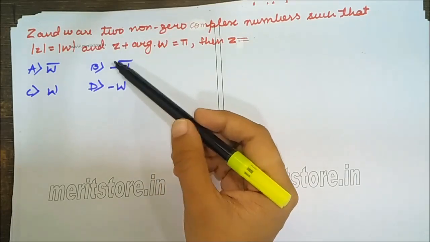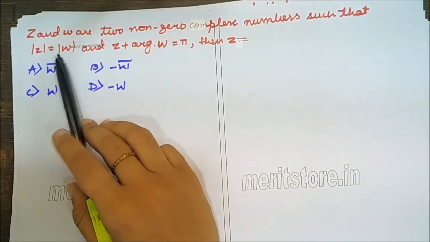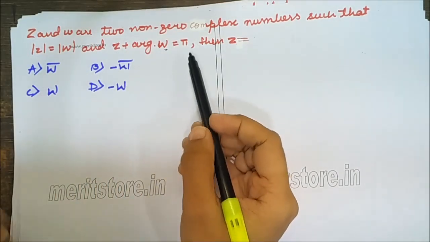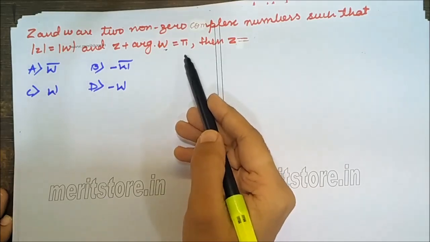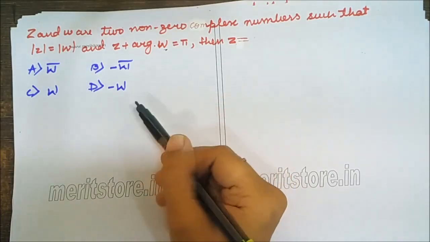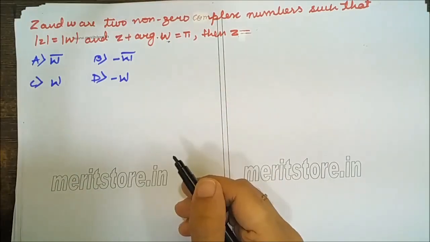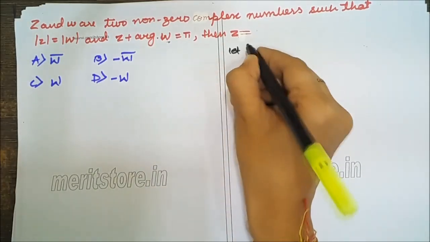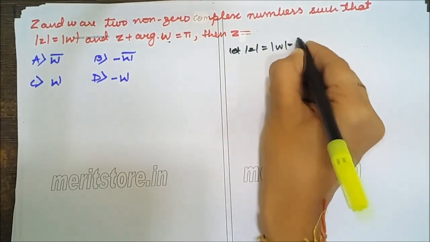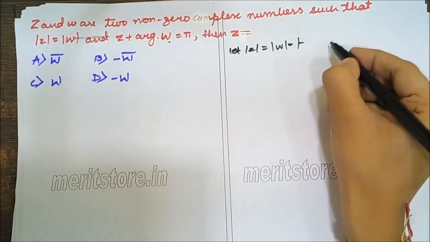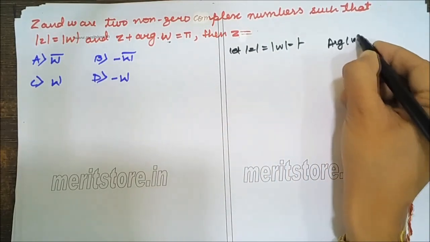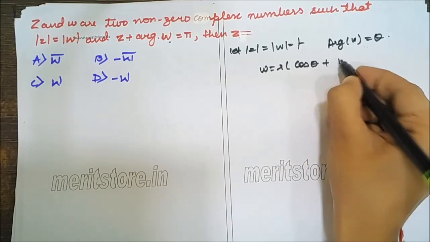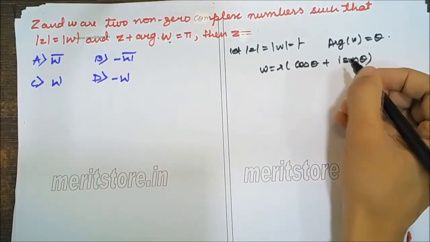z and w are two non-zero complex numbers such that modulus of z is equal to modulus of w, and argument of z plus argument of w is equal to pi. Then z is equal to what? Okay. So let modulus of z and w both be equal to r, and argument of w is equal to theta. So w is equal to r of cos theta plus i sin theta.